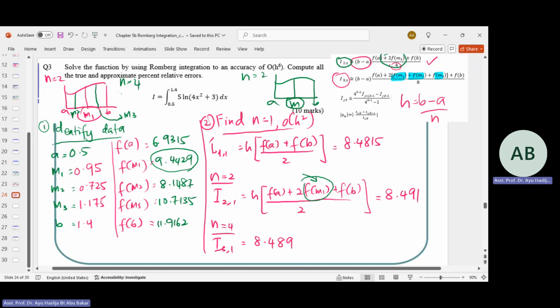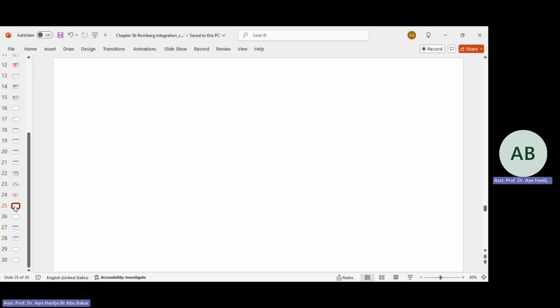Okay, up to this step, we move to next step to find level 2. This one use Romberg. Okay, just now I just copied back the value earlier because we will be using the value from the previous one.